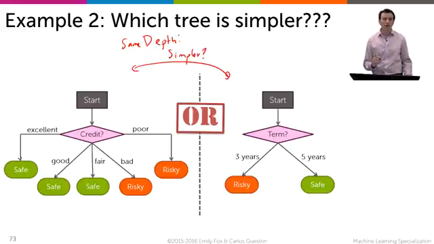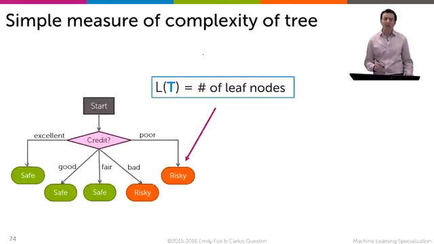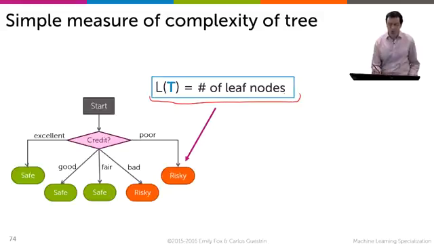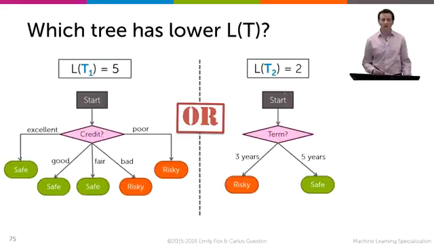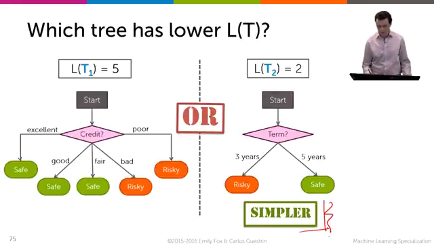And we will see this problem all the time. And intuitively, the more leaves you have, the more complex a tree is. So we're going to introduce this function L of t, which just measures the number of leaves the tree has. And so the tree on the left here has 5 leaves, the tree on the right has 2 leaves, and so we're going to say the tree on the right is simpler.